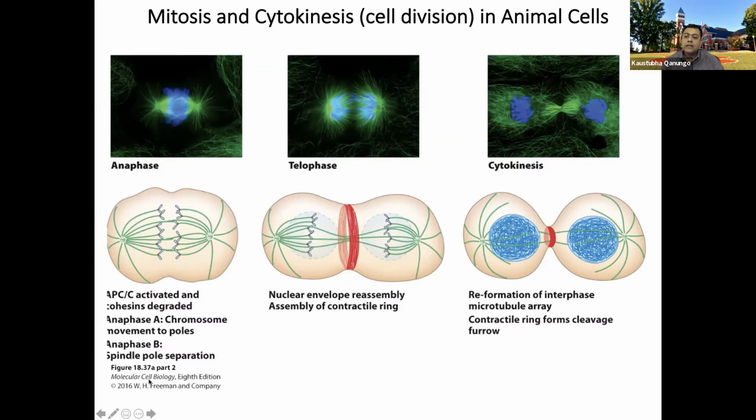And then in the anaphase B, the spindle poles also will move farther. So it will stretch the cells. So these are the two things that are happening. Again, repeating, anaphase A is mainly the movement of the chromosome towards the pole, and the spindle poles are going to separate or elongate even farther. That's happening in the anaphase B.